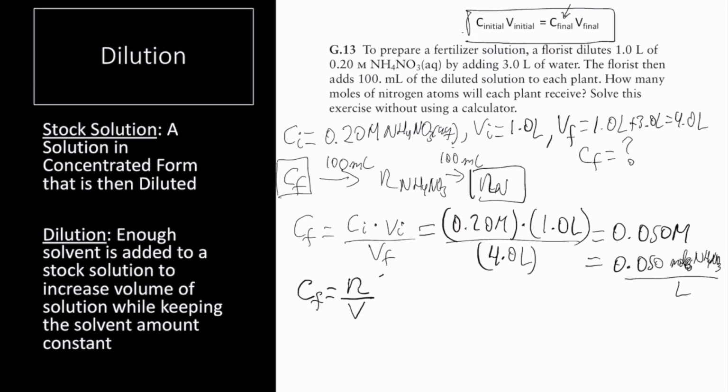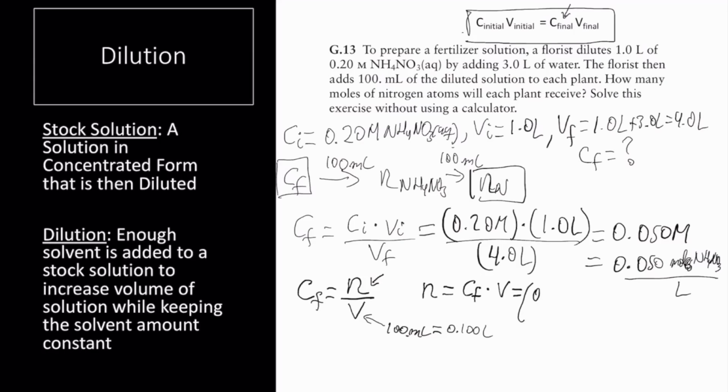So we need to find the number of moles in a volume of 100 milliliters. And 100 milliliters is equal to 0.100 liters, keeping the 3 significant figures. So rearranging this equation and solving for number of moles, this would be the final concentration times the desired volume.